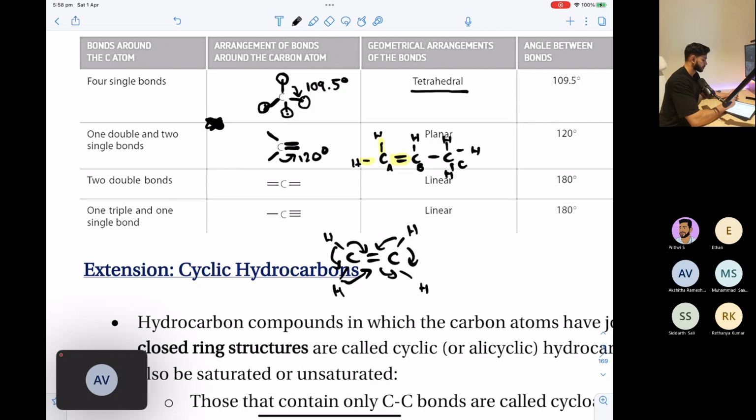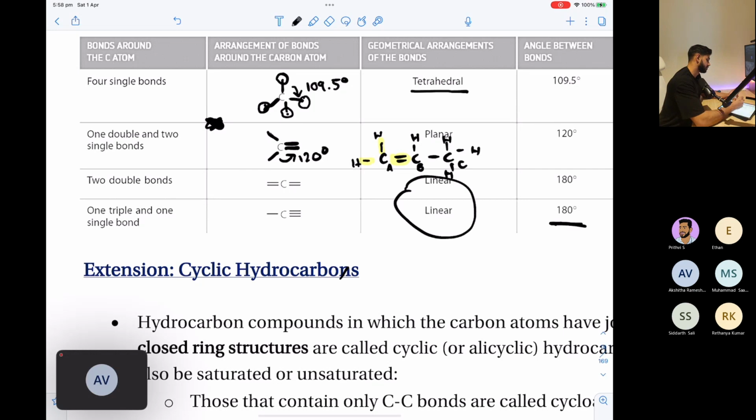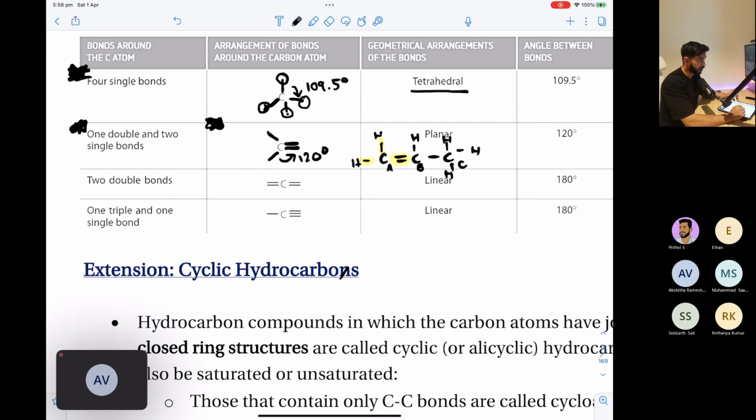The rest are very intuitive. Every other bond angle is going to give you a linear arrangement. Linear, 180 degrees, low yield. So arguably, these are the two important bond angles and names you need to know. Everything else is going to be linear. Any questions, everyone? Good. Good job.